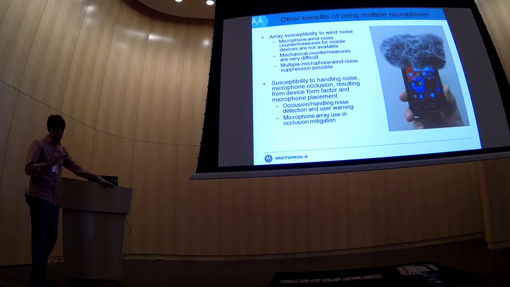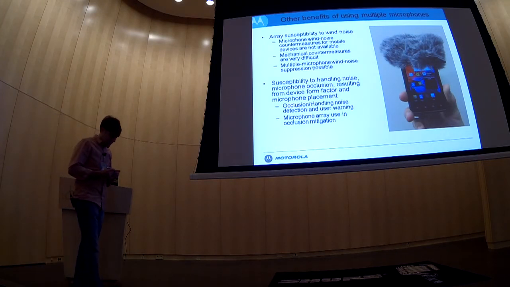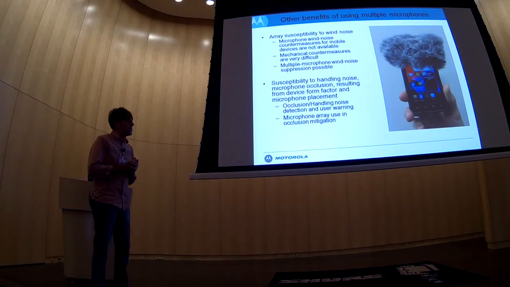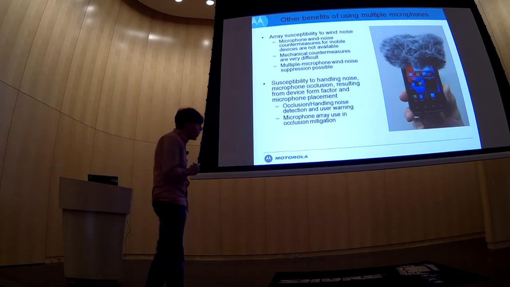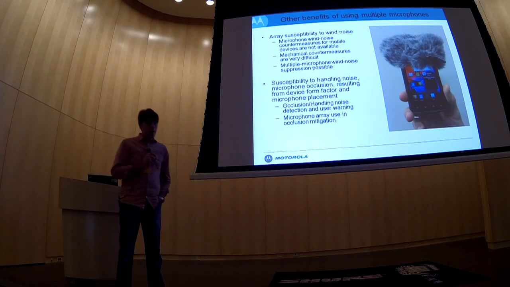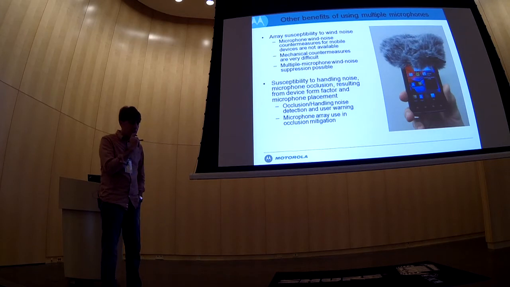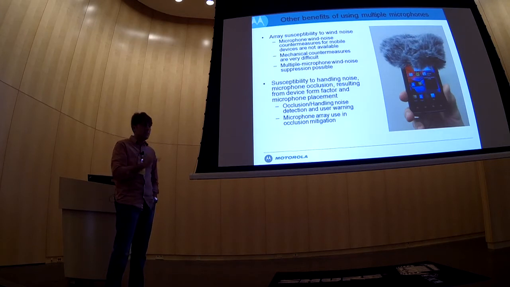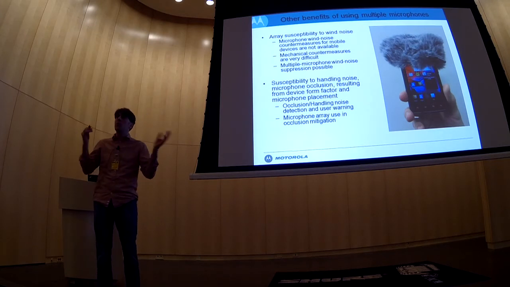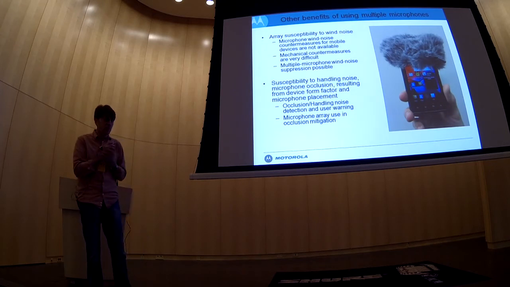Anyway, we're coming to the next slide, and that slide is titled Other Benefits of Using Multiple Microphones. So when we realize that we're using inputs from multiple microphones and we're doing all these neat things with them, that carries some baggage with it.